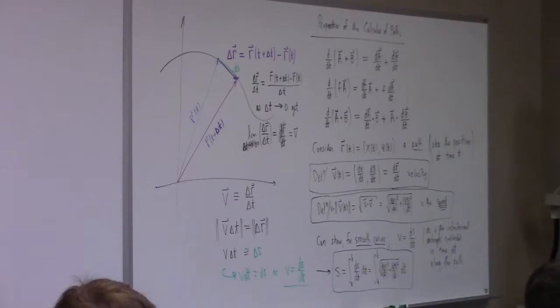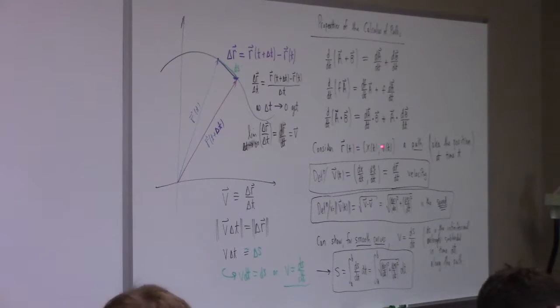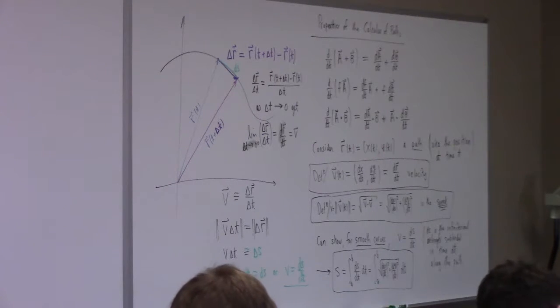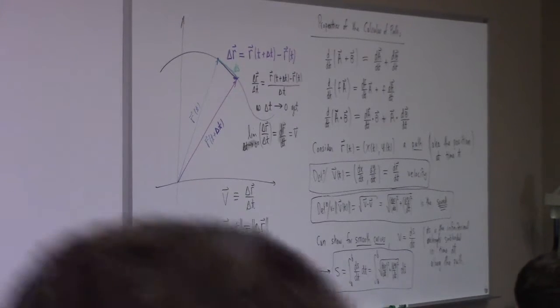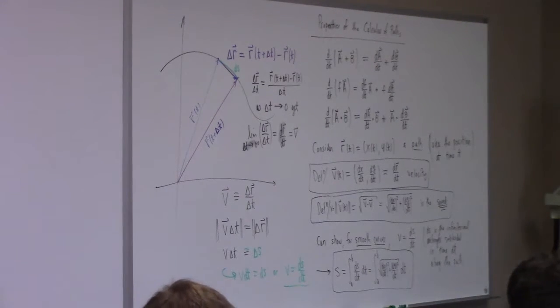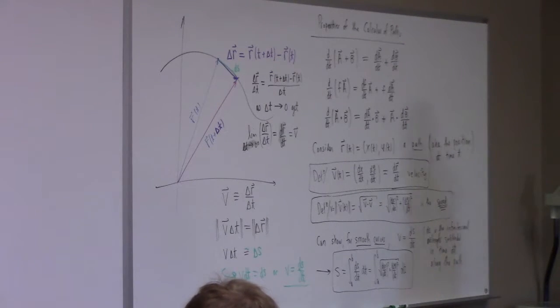And then I mentioned to you, if we have a path, a pair of functions of time, x of t and y of t, so as t varies, it ranges over some curve, all right? And this is a parameterization of the curve. That's what a path is. In the case that it's describing an actual material object, you can think of r of t as the position at time t.